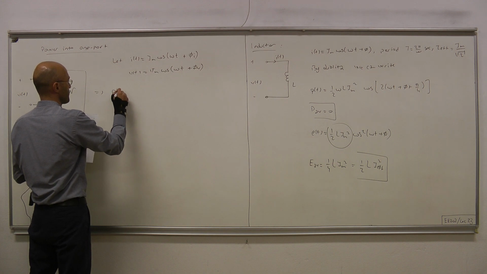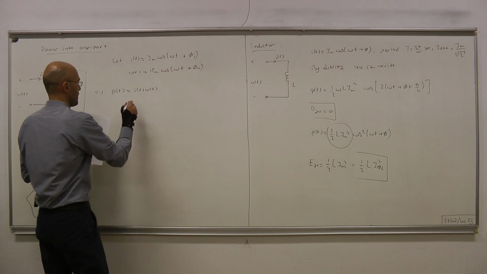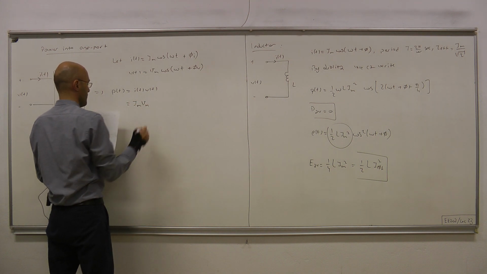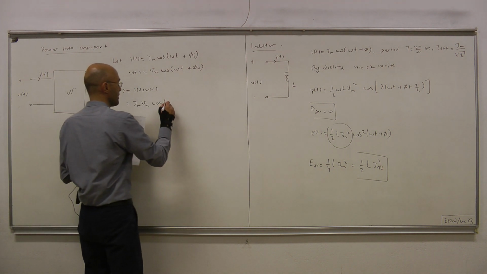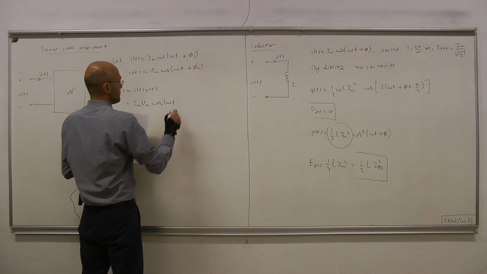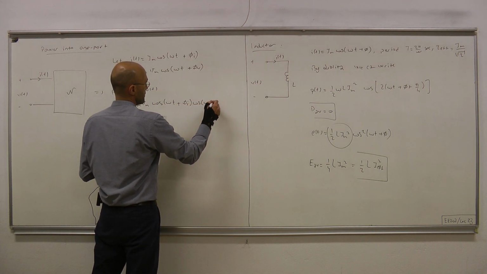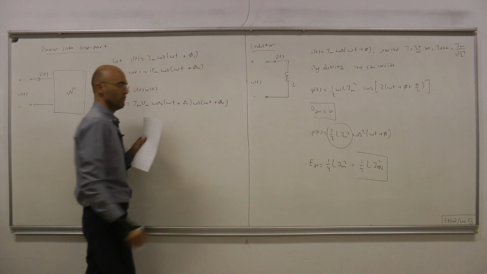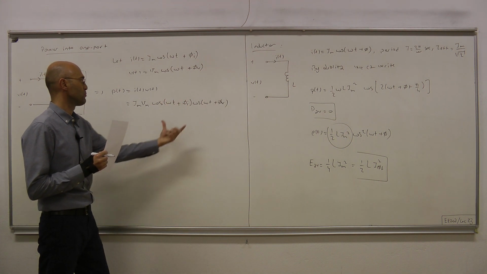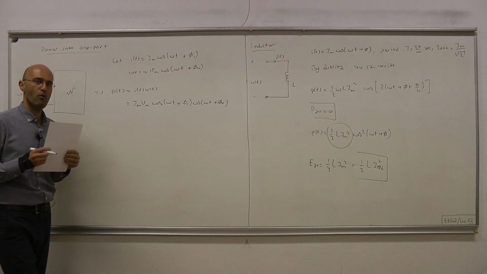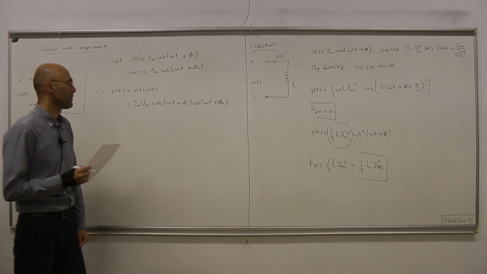In other words, P of t equals Im Vm, and then we have the product of two cosines, cosine omega t plus phi I and cosine omega t plus phi v. Now, using the identity that we have already used, that is the product of two cosines can be written as sum of two cosines divided by 2.